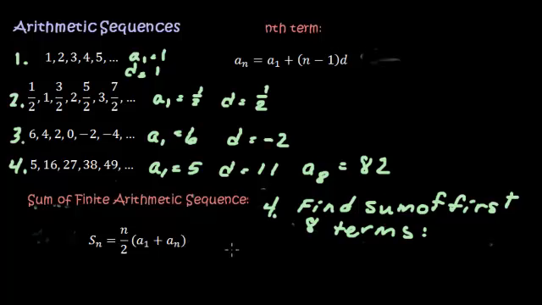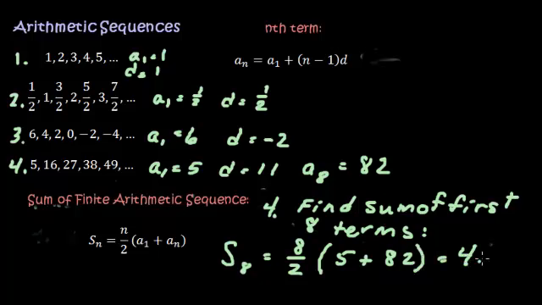So you'll just plug all those things in and say the sum of the first 8 terms is n, which is 8, over 2, times a1, which is 5, plus a sub n, which is 82. So that's going to be 4 times 87, and that would be 348. And that's how you're going to find the sum of a finite arithmetic sequence.